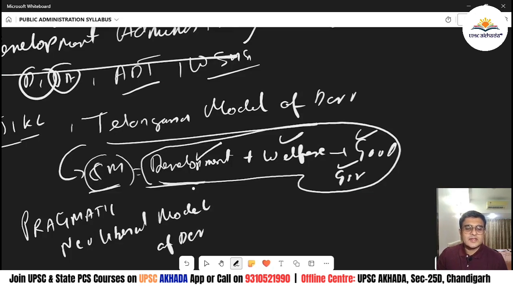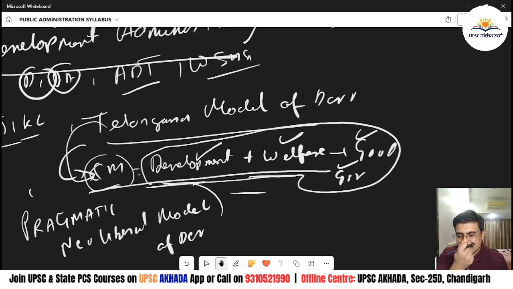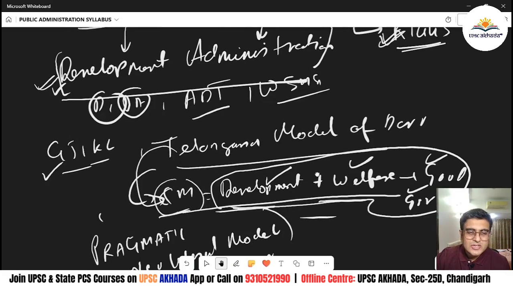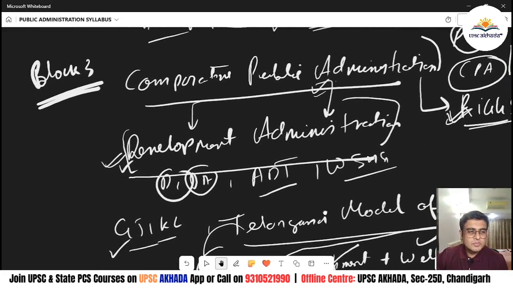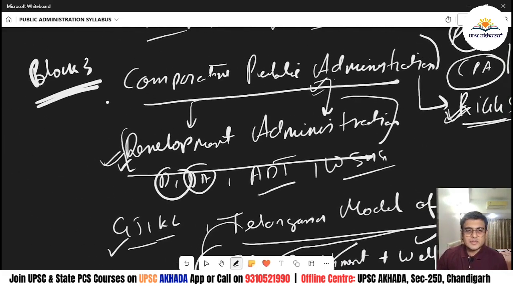Yes, the United Nations gave it long back, and now the CM of Telangana is implementing this. So basically what I'm trying to say is that in paper 2 all these Indian aspects should also come, which makes the answer holistic. So block 3 is this. I will put the comparative public administration chapter and the development administration chapter.